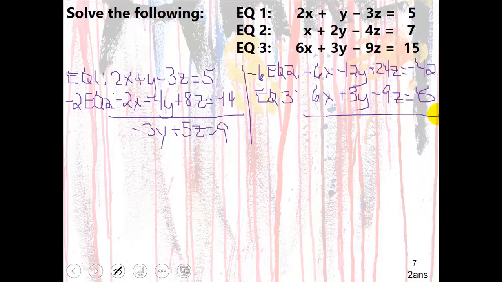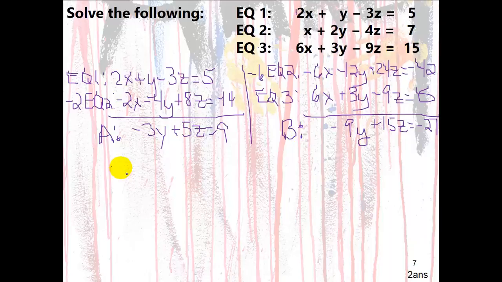And then I'm going to add them together, and I get negative 9y plus 15z is equal to negative 27. I'm going to call this one A, and I'm going to call this one B. And then I'm going to multiply A by negative 3 and add it to B so that I can eliminate my y's.